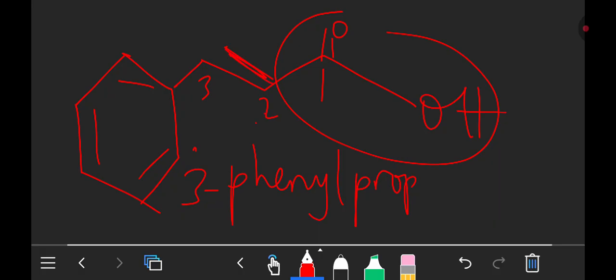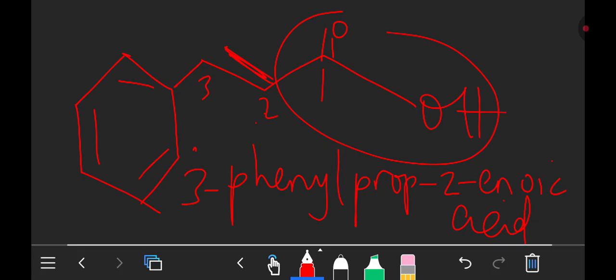So we are going to say propene, so it is prop-2-en. We won't put e at the end. Instead we put oic, because that is the suffix. So the name will be 3-phenylprop-2-enoic acid.